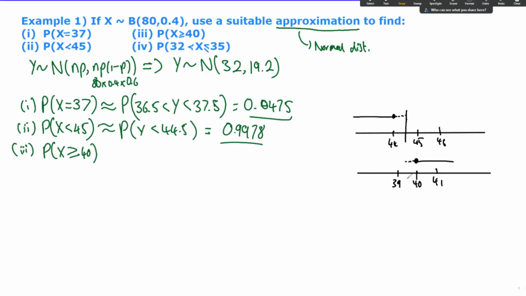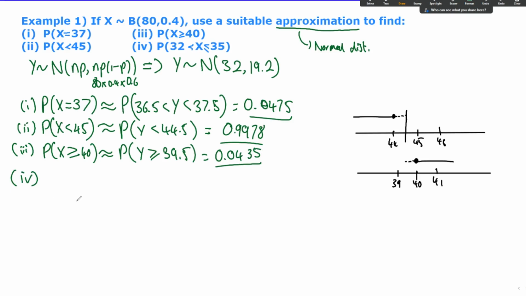So from 39.5 onwards. So we can approximate that to be y is greater than or equal to 39.5. And if you put that in, you'll get 0.0435 like that.